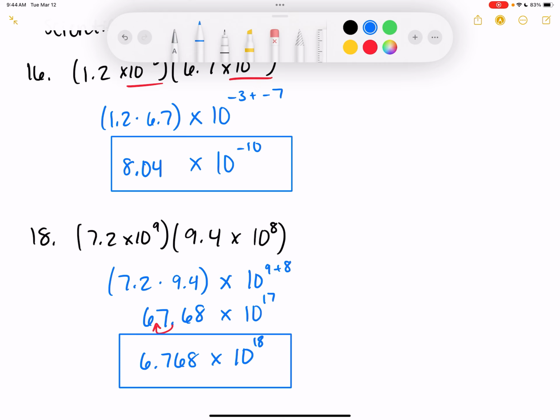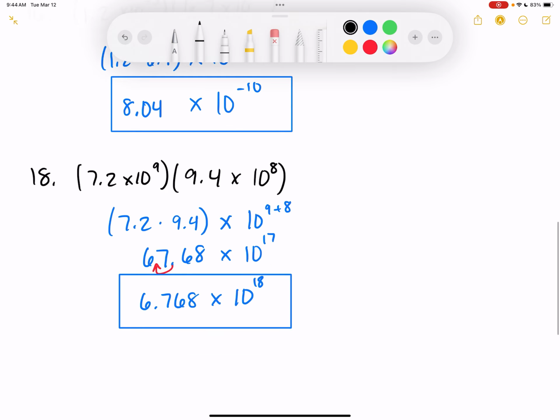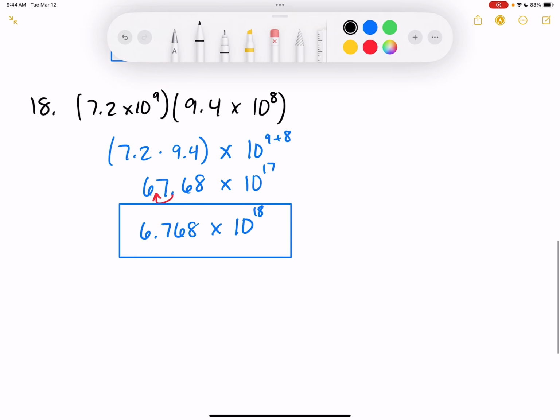Now, the process is the same when I do dividing, other than, you know, I don't add the exponents in this case. So 22, I've got 1.1 times 10 to the negative 3 over 5.5 times 10 to the negative 8.